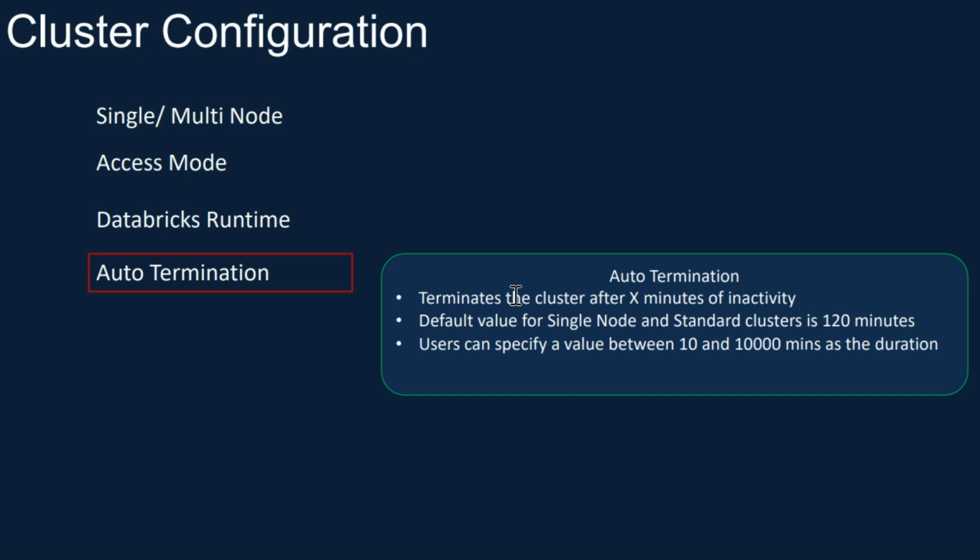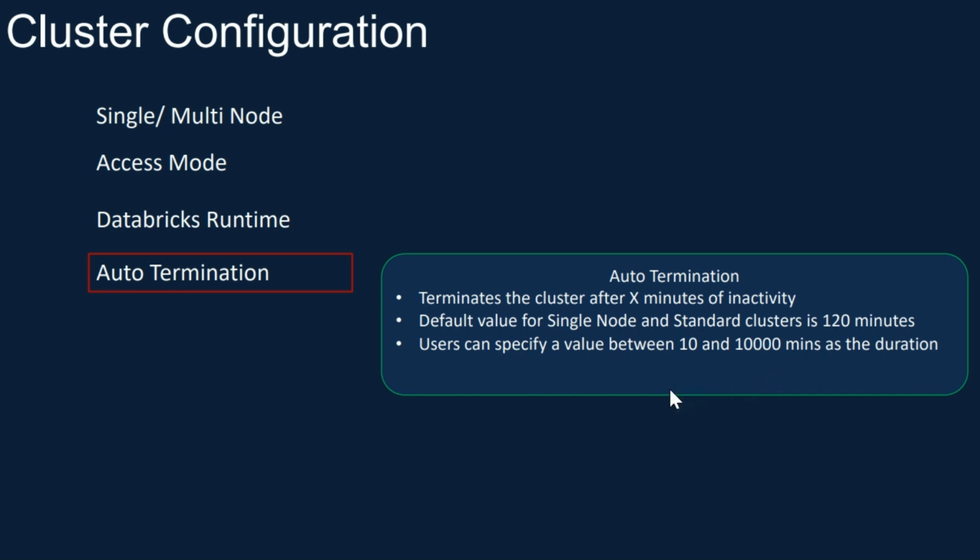So you can specify when to terminate your Databricks cluster if the cluster has not been in use. It will be terminated after the number of minutes that you specify. The default value for auto termination is 120 minutes, but you can't change the value once you specify it, and the accepted value ranges from 10 to 1000 minutes.